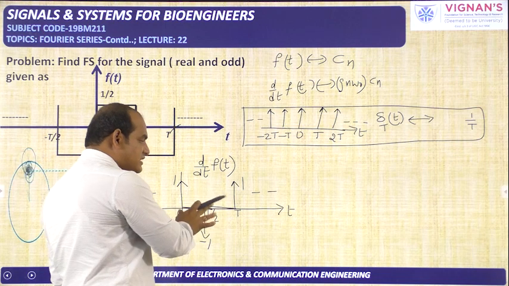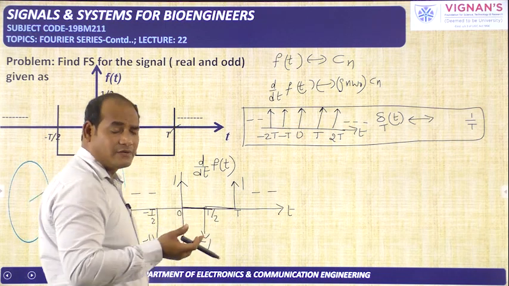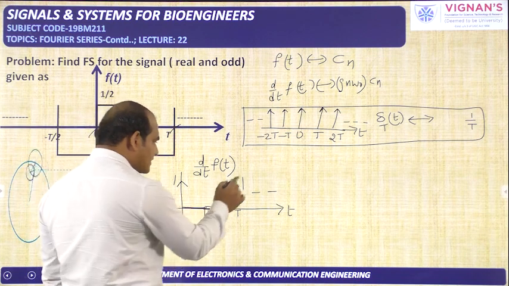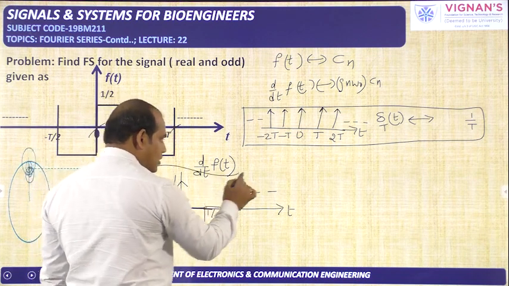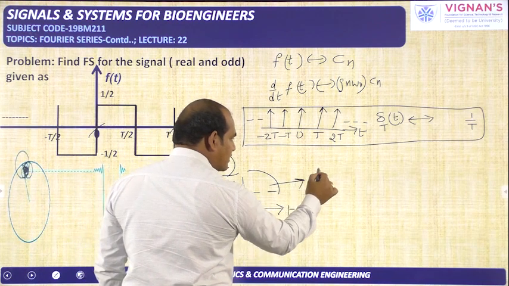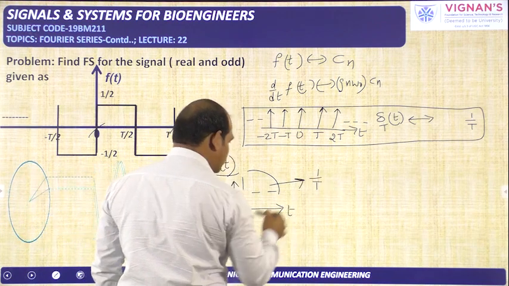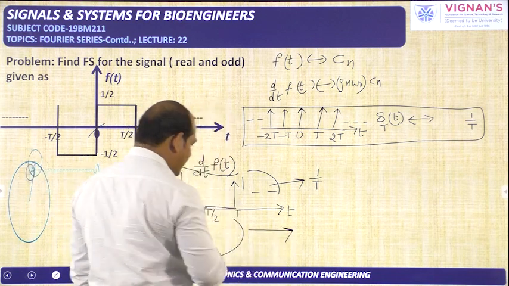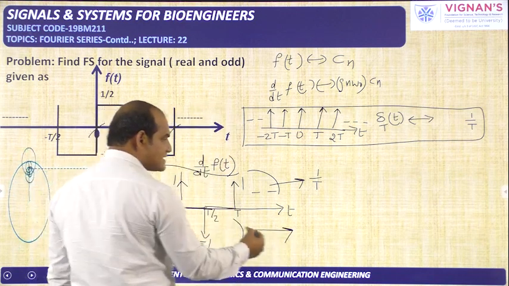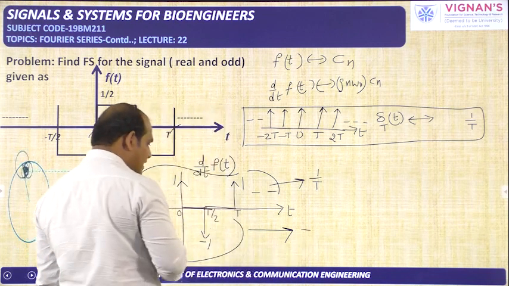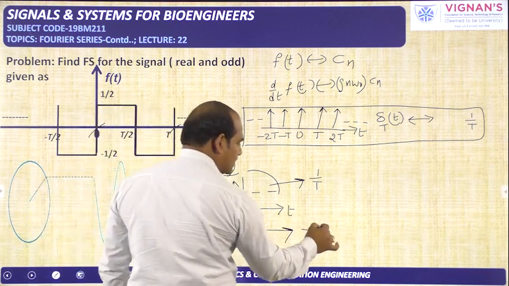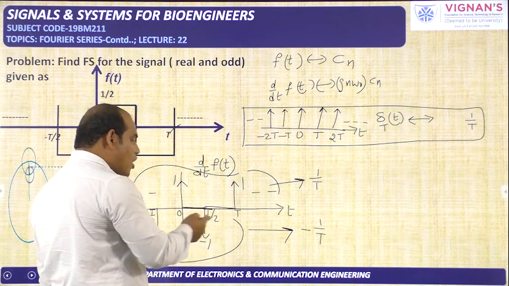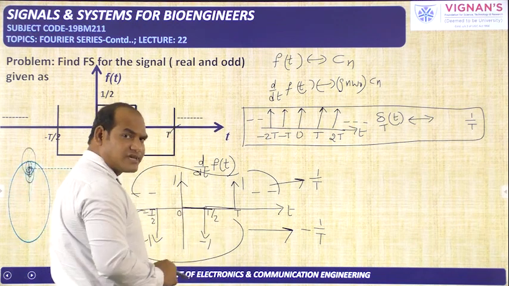Shifting in the time domain means an exponential term will come in the frequency domain. So for this impulse train the Fourier series coefficient is 1/T, but for this one, because it is below the x-axis, I take a minus, and 1/T because it is an impulse train, but it is shifted by T/2 seconds.